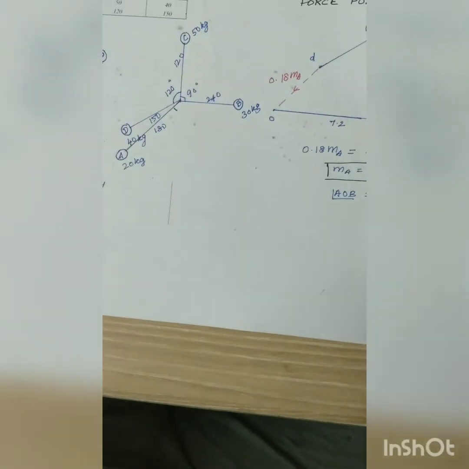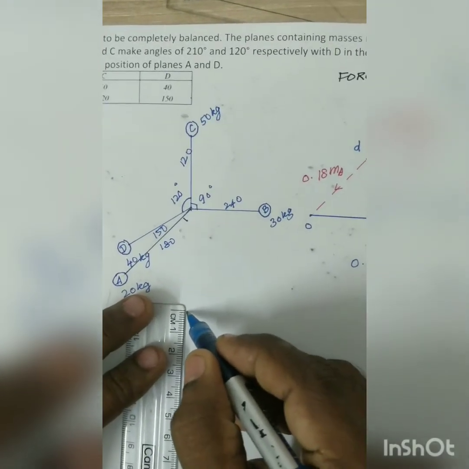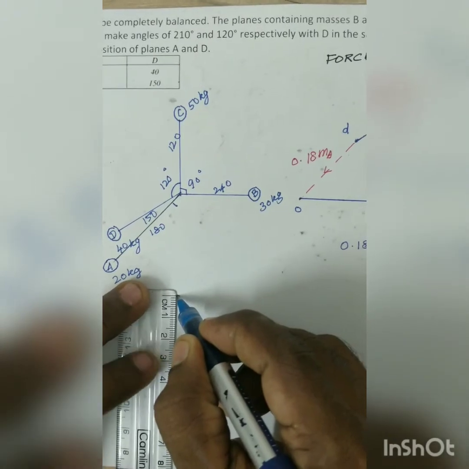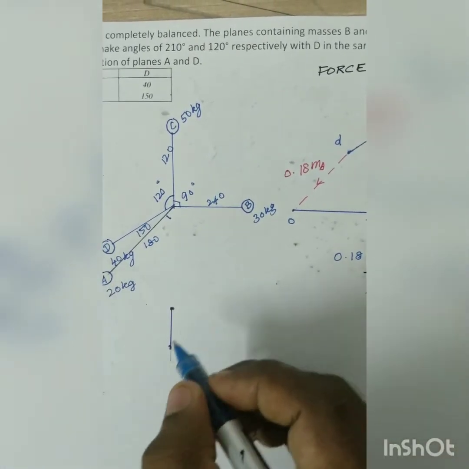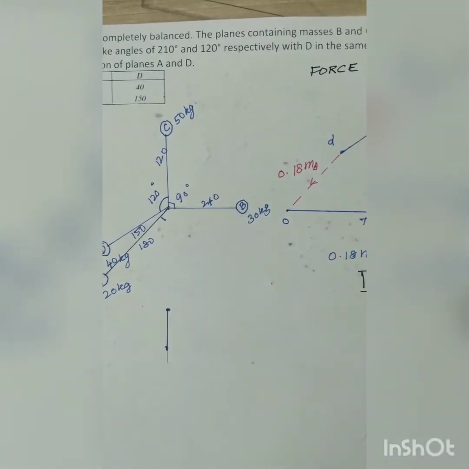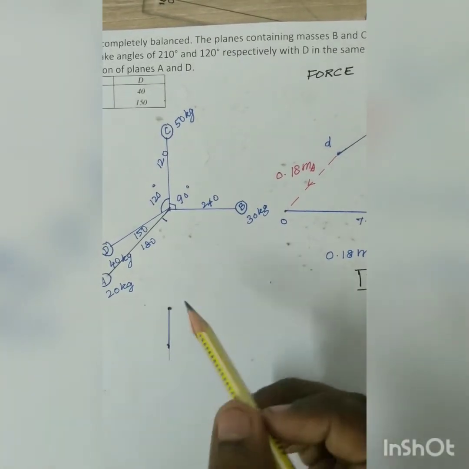So what is the measurement? 1.8. We take it as 18 mm. So 18 is coming around. This is 18 mm. So now we can draw this.